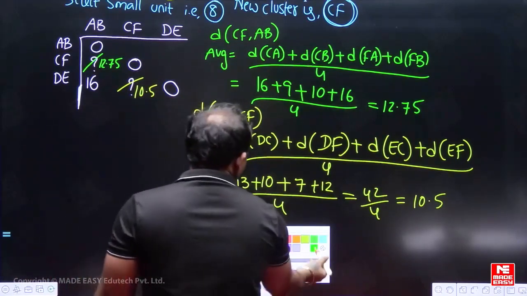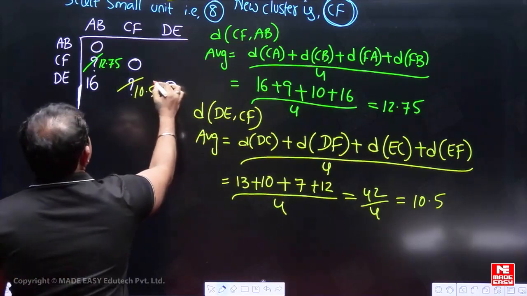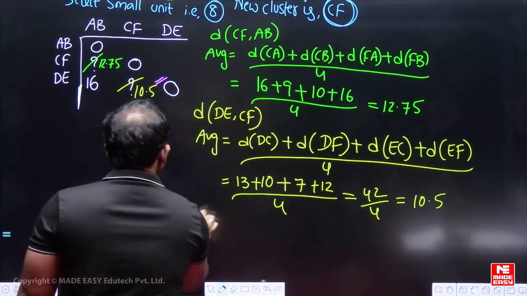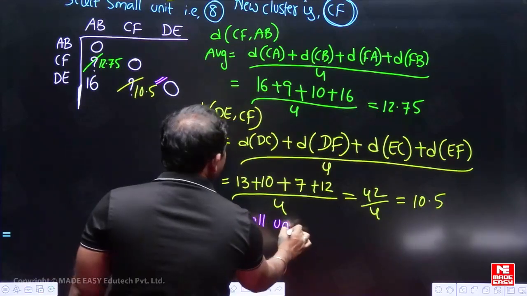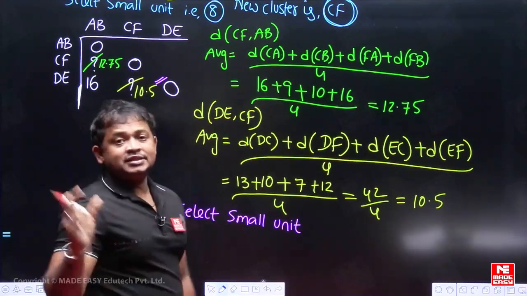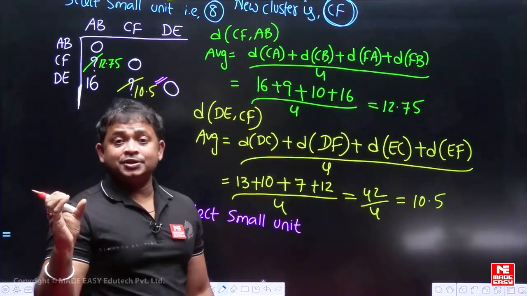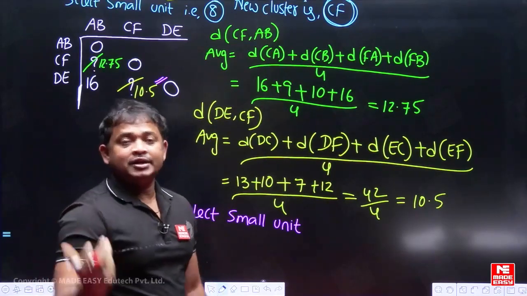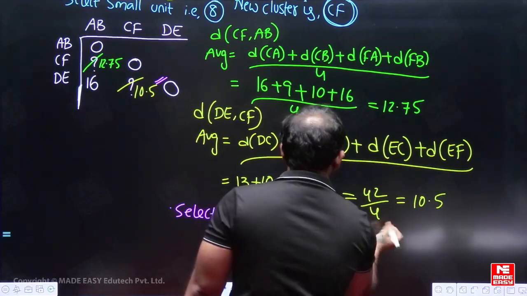So now what we need to do? We need to select the smallest value. The smallest value is 10.5. Select the smallest unit. Why are we selecting the smallest unit? When the distance is less, similarity is more. Therefore, we are clustering data based on similarity. That is equal to 10.5.